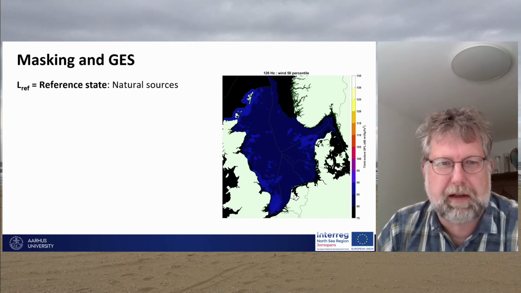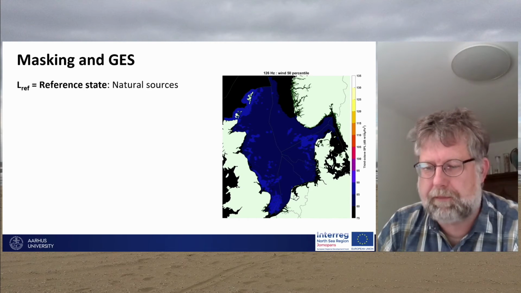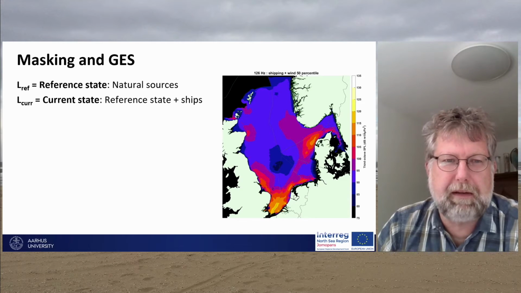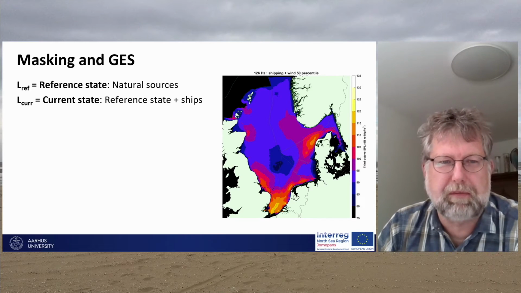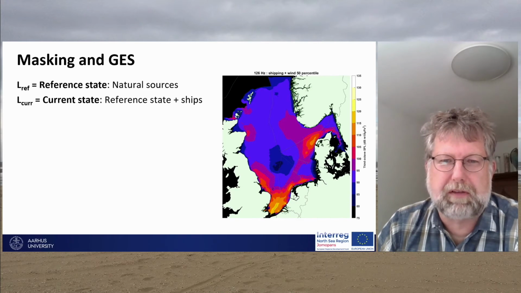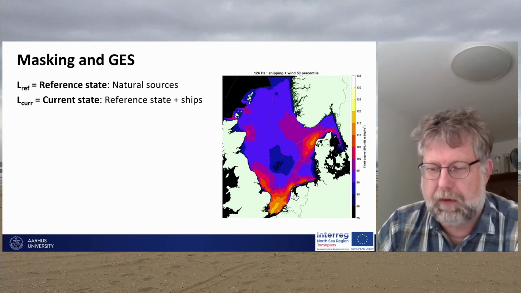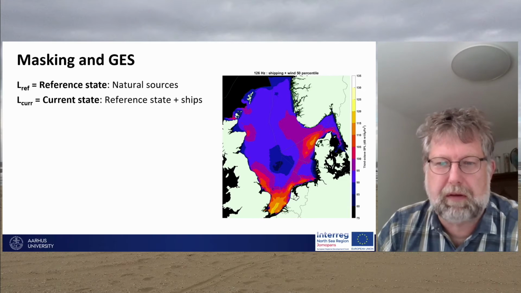So that's a good starting point. And then we can add ships, and in that case we get what we call the current state. That's the model's estimate of what the actual median noise conditions are in the 125 hertz band in the North Sea in the month of June, I think.